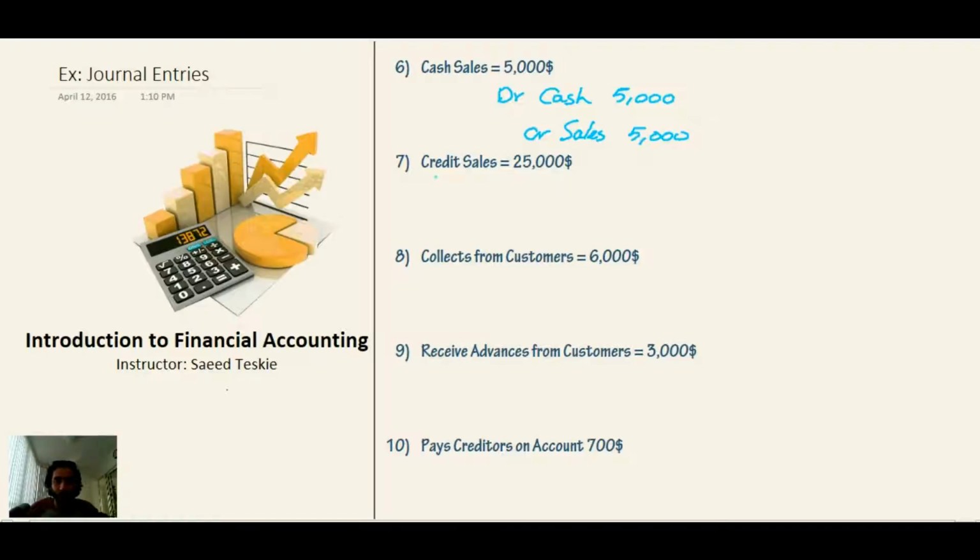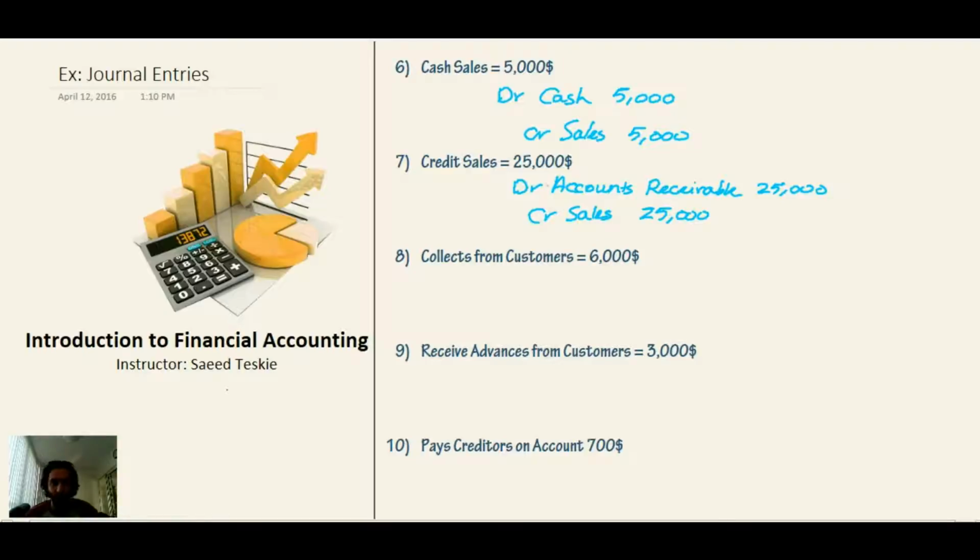Okay, we have credit sales for 25,000. We made sales, but the customer didn't pay us in cash. He will pay later, so we will debit accounts receivable for 25,000, and we will credit sales for 25,000.